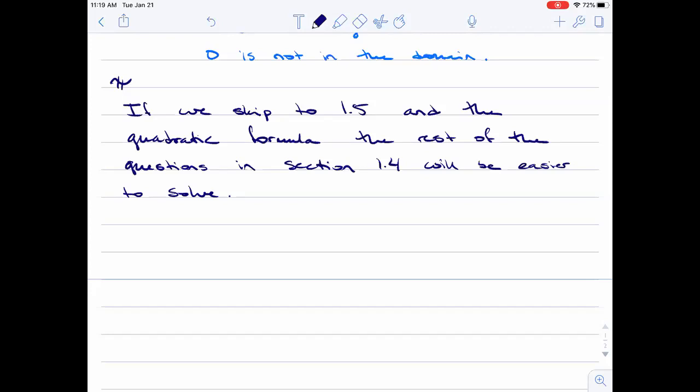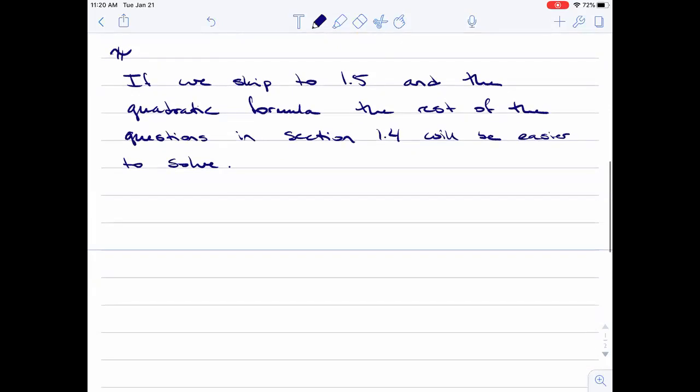So if you skip to your 1.5 notes, we talk about, well, what is a quadratic equation? First, if I'm telling you that this is going to make our life easier, we should probably know what it looks like.